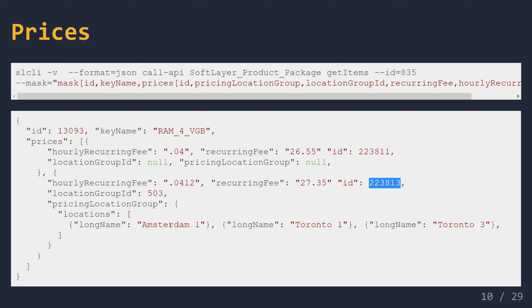If we're ordering in Amsterdam 1, we can send in either of these two price IDs. I just recommend sending in the default price ID because that's more consistent no matter where you're ordering from. But obviously, if you want to figure out how much it's going to cost in a specific location, using this pricing location group relationship is how you would do that.